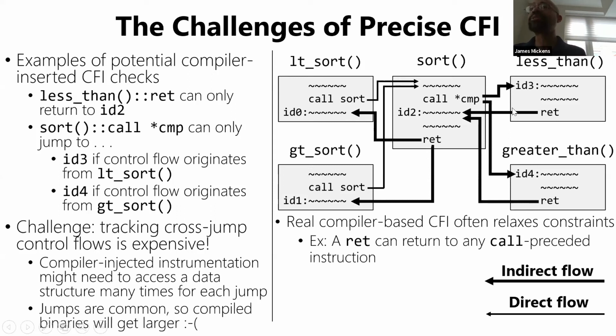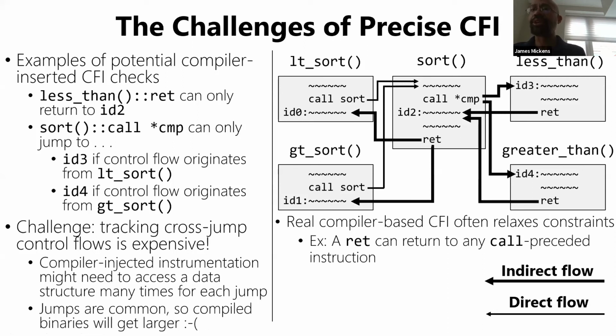What that means is that if we look at less than over here to the right, a relaxed CFI scheme would allow this ret to return to not only ID 2, which is the right place, but it would also allow ret to return to the instruction ID 0, because the instruction ID 0 is a call preceded instruction. That's an example of the type of relaxation that you could see to avoid having to do some of these heavyweight data structure manipulations to keep track of a precise history of what functions were being executed.